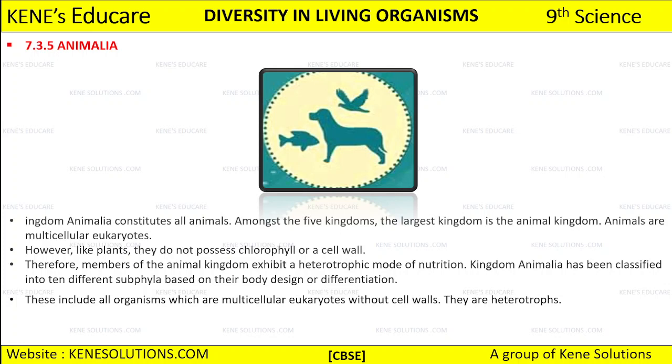For other boards like SSC, they cover Kingdom Plantae in detail, because Kingdom Monera and the other kingdoms are already discussed in 8th standard. So in ninth they have Kingdom Plantae, which includes five divisions: Thallophyta, Bryophyta, Pteridophyta, Gymnosperms and Angiosperms in detail. And then in 10th they have Kingdom Animalia in detail.